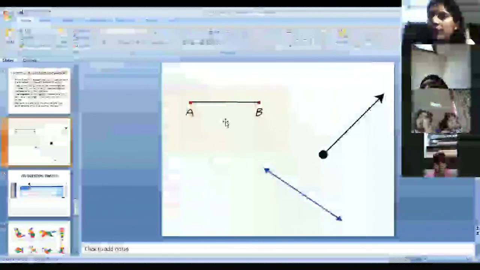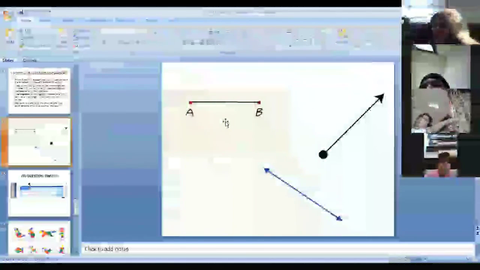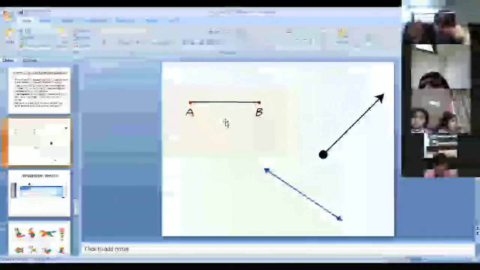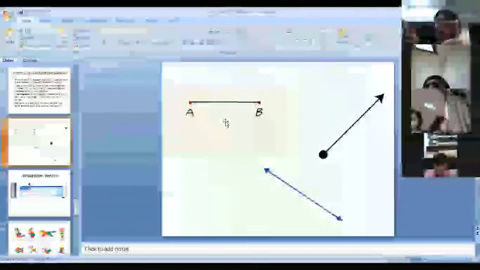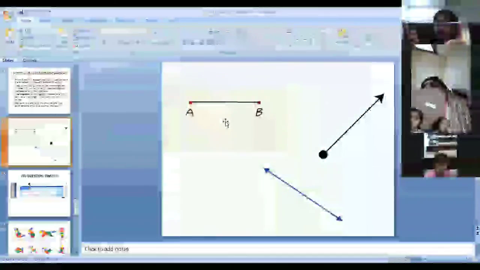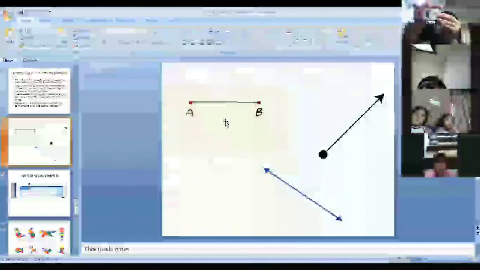So what is an example of a line segment in daily life? Few examples like this pencil. It is a line segment. Why? Because it has got a fixed length and fixed endpoints. Similarly, this box is also a line segment because it has got fixed length.